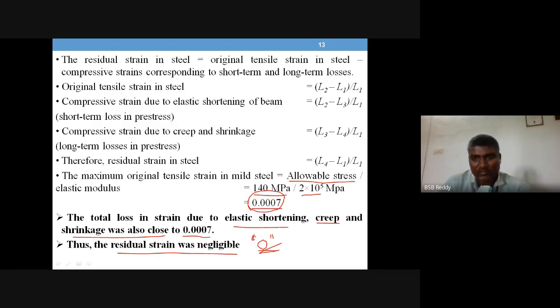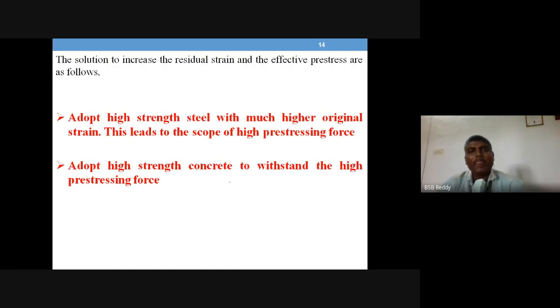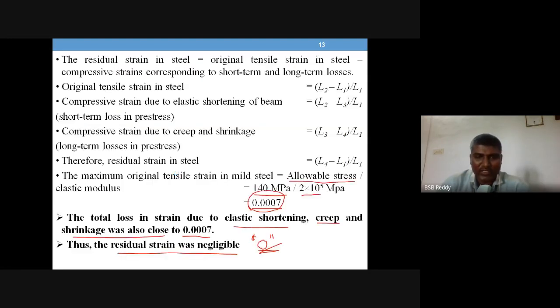So this is the problem with the earlier attempts of pre-stressing. Okay, so what could be the solution to increase the remaining value of stress? That means the value of pre-stress. To increase the pre-stress, what you need to do, the loss value is almost fixed. This is around 0.0007.